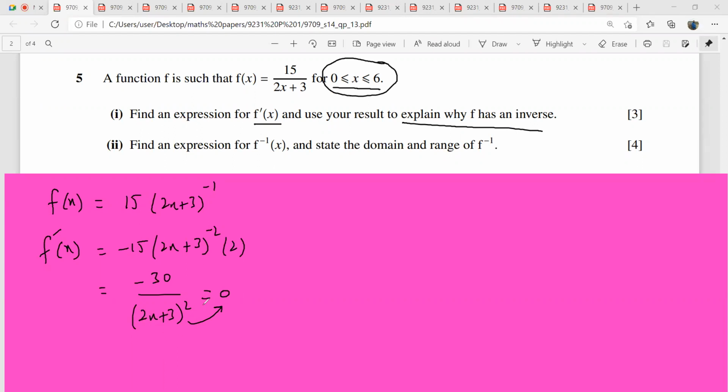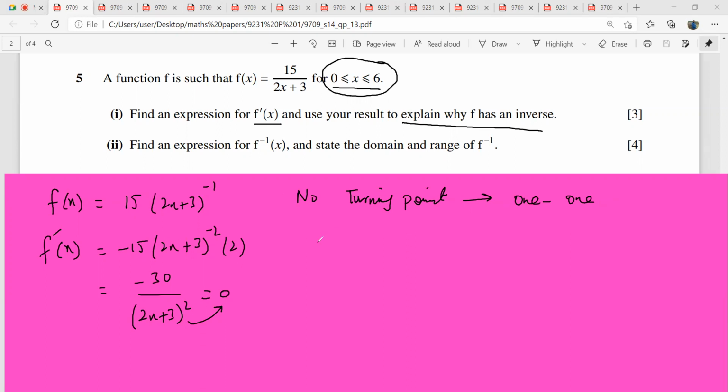So since there is no turning point, this is a one-to-one function. So a function can have its inverse if it's a one-to-one function. So that completes the answer to this part one.